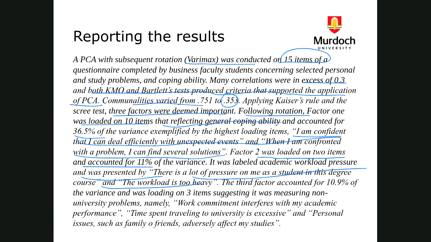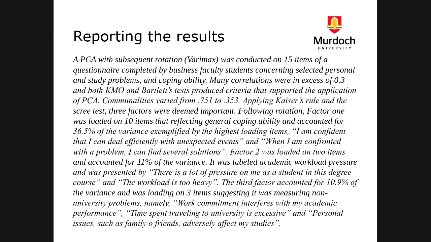And the third factor accounted for 10.9% of the variance, and was loading on 3 items, so that it was measuring non-university problems. Then you mention the titles of the variables that were included. Now this is a standardized reporting. I don't think that I need to explain because everything is here. Everything mentioned here should be on the slides before that.